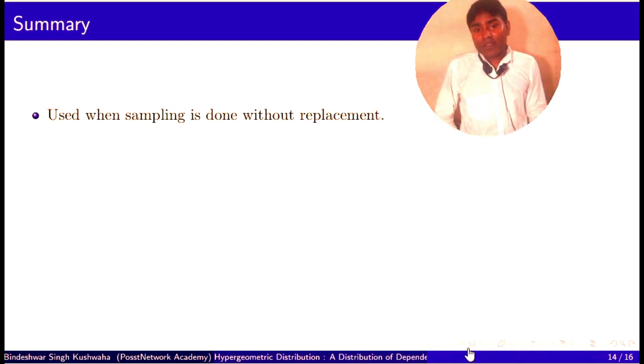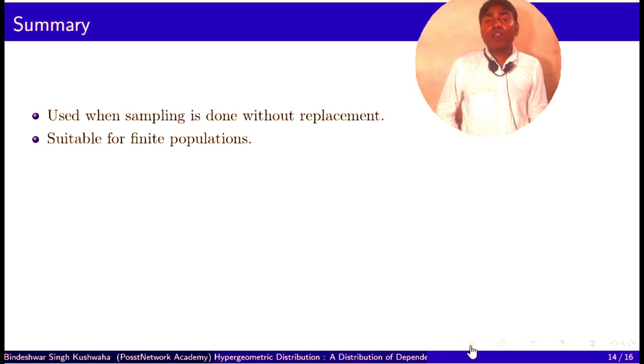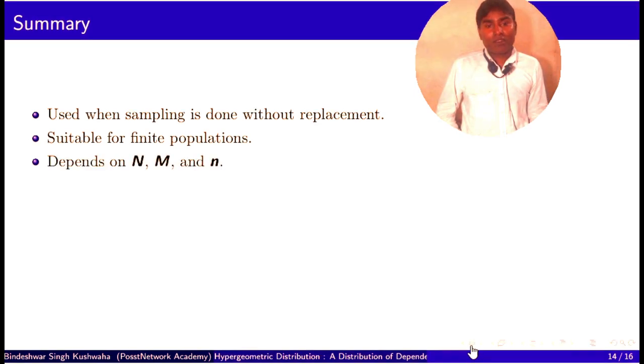Summary is here. When to use? Used when sampling is done without replacement. So you will use the hypergeometric distribution when sampling is done without replacement, and it is suitable for a finite population, not infinite. There are 3 parameters, N, m and n.